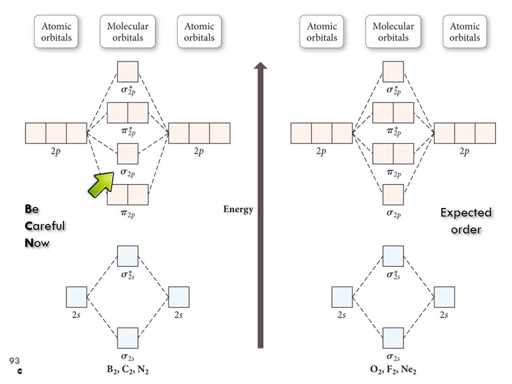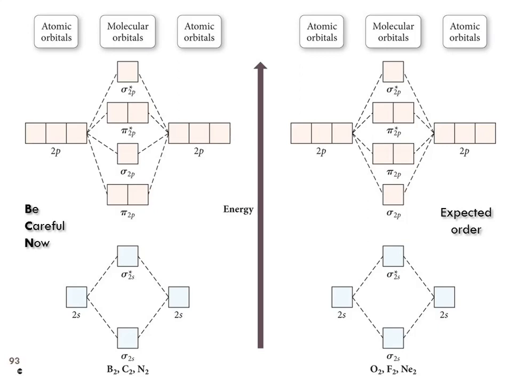So that's the sigma 2p. The pi 2p's are actually lower in energy, and the antibonding pi 2p's are lower in energy than the antibonding sigma 2p. That's not always the case, right?